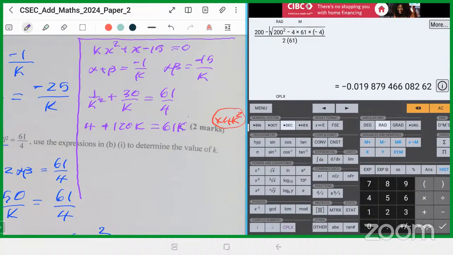When I transpose, I would have gotten 61k squared minus 120k minus 4 equals 0. So you see, now we would be able to factorize it and put 61k and k, and 2 and 2, and then what?